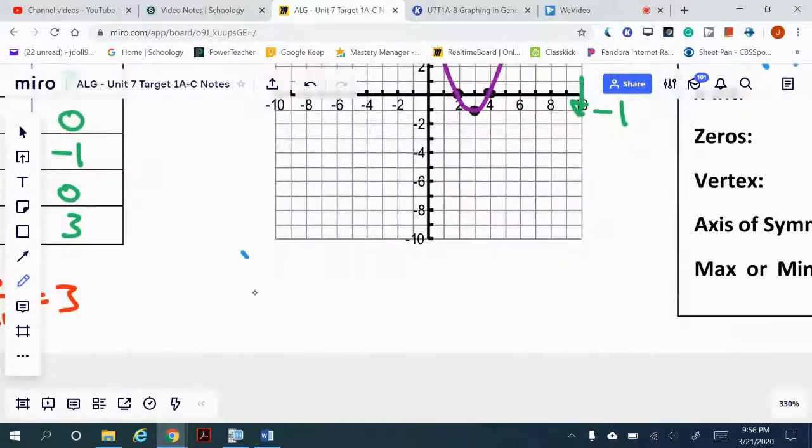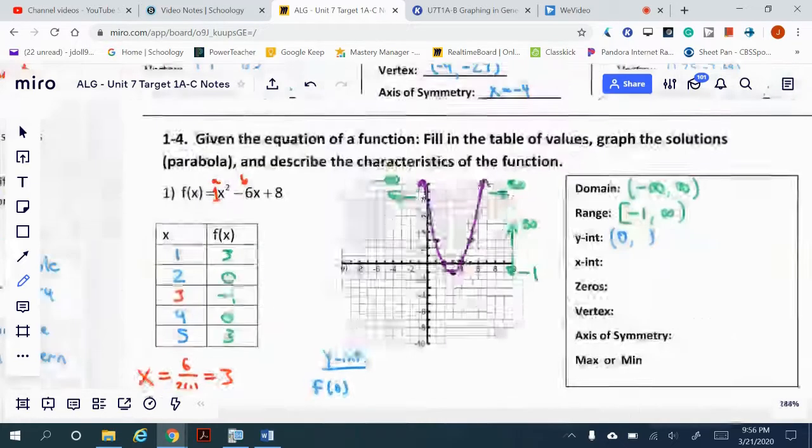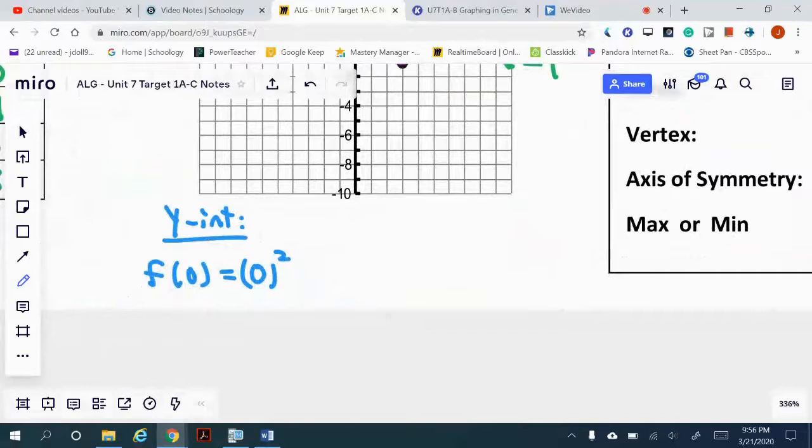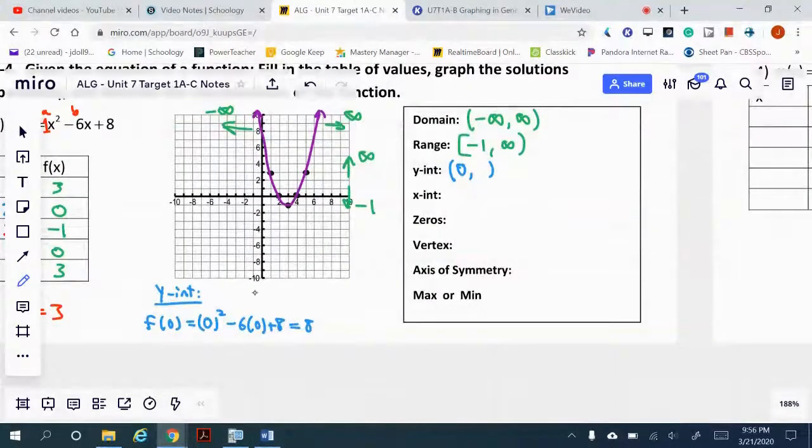So what we'll do to find our y-intercept, and then I'll show you a shortcut, is we're just going to plug in 0 to this equation here. Because if I plug in 0 for x, that will give me the y-coordinate of the y-intercept, right? So 0 times 0 plus 8 equals 8, so the y-coordinate of my y-intercept is indeed 8.